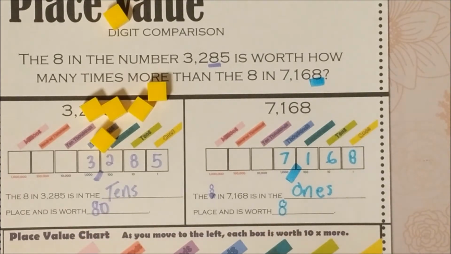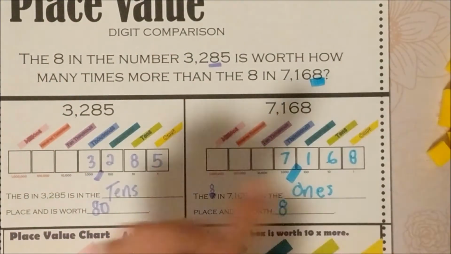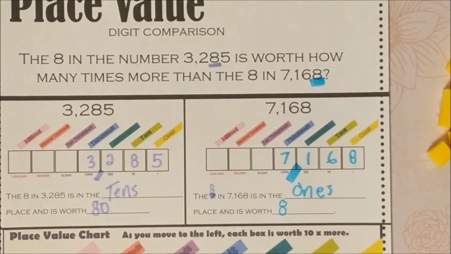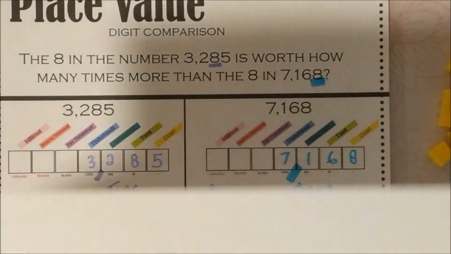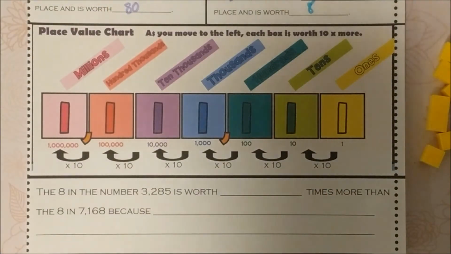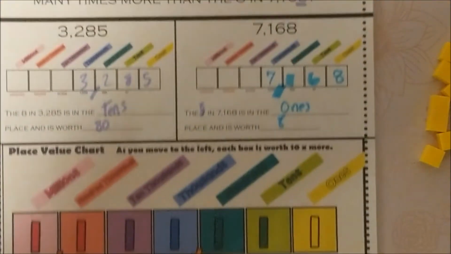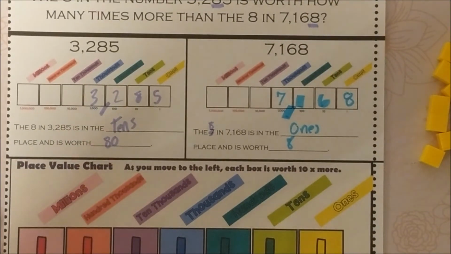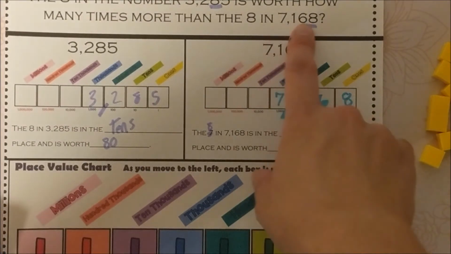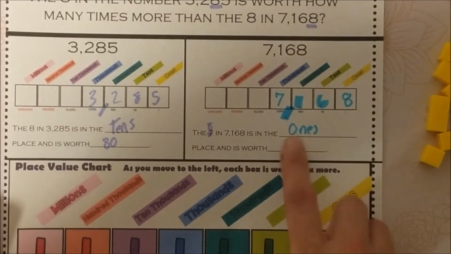There is one more step that we're going to use here, and we're going to look at these 2 8s and look at them on here in the place value chart, kind of like how we did here. So we've determined that that first 8 in 3,285 was in the tens place and worth 80, whereas the second 8 in 7,168 was only in the ones place and only worth 8.